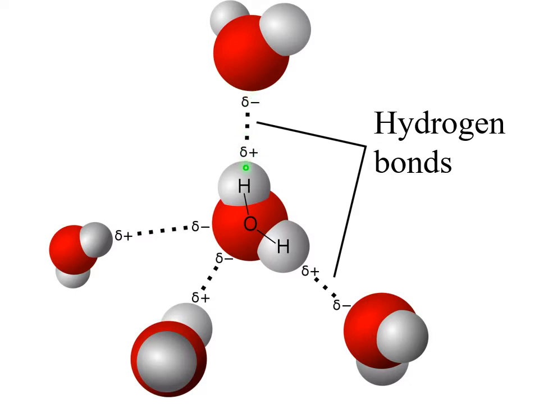Delta minus and delta plus have electrostatic attraction to each other. 2 hydrogens are looking in this direction, and hydrogens of other molecules are looking towards lone pairs of oxygen atoms. This position can be easily interchanged. Hydrogens can easily jump from one place to another because they are relatively light.